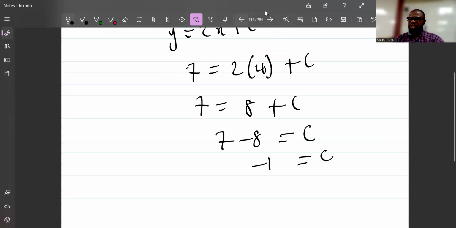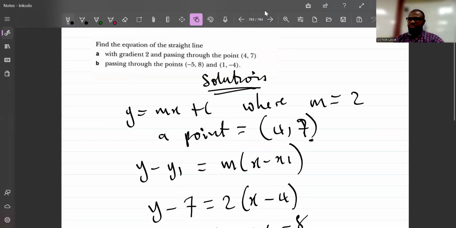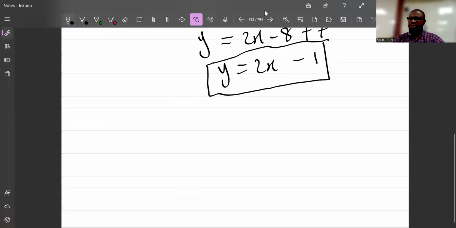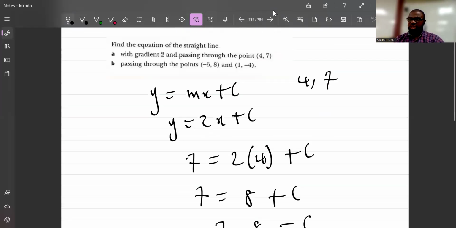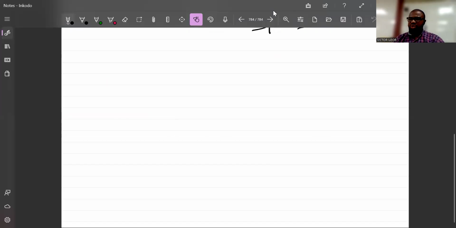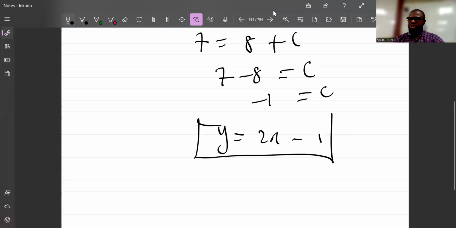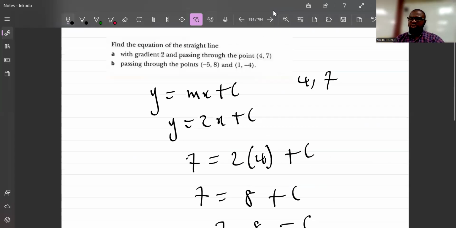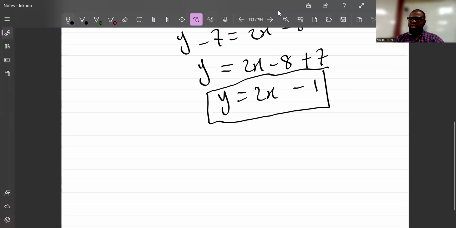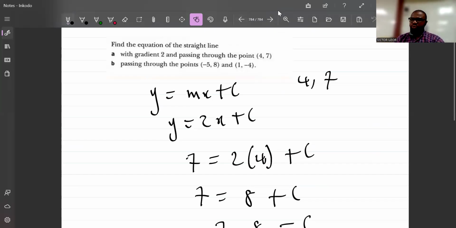Just like what we got here at the end. So you can now write your equation to be y equals 2x minus 1. So any of the methods you use to verify it, we are going to get the same result, just like what we saw here. So that is the first one, when you are given a gradient and a point.